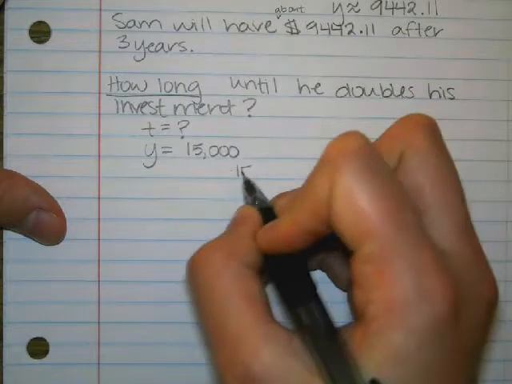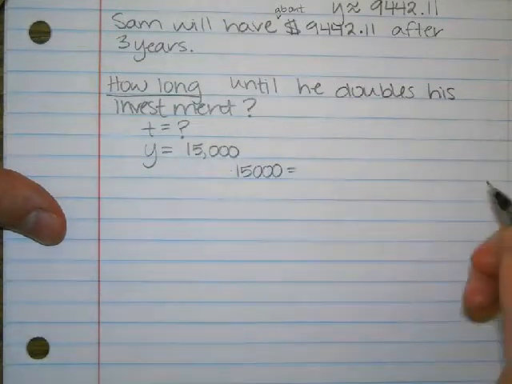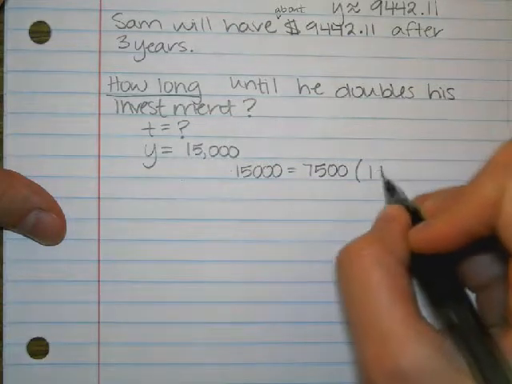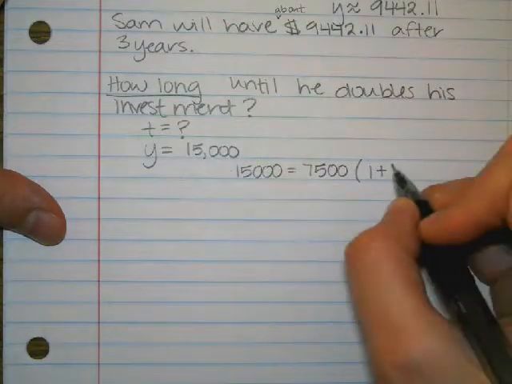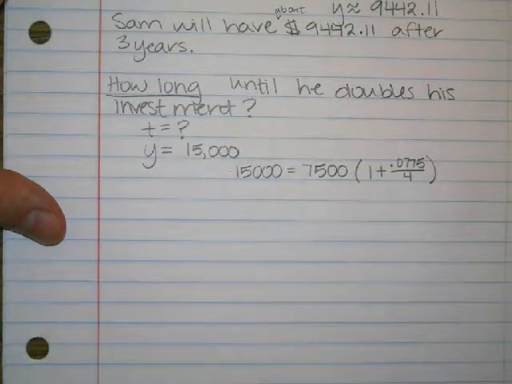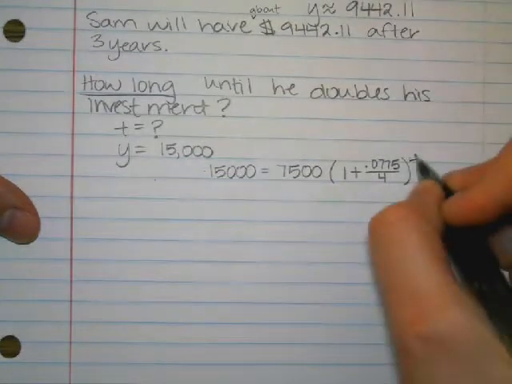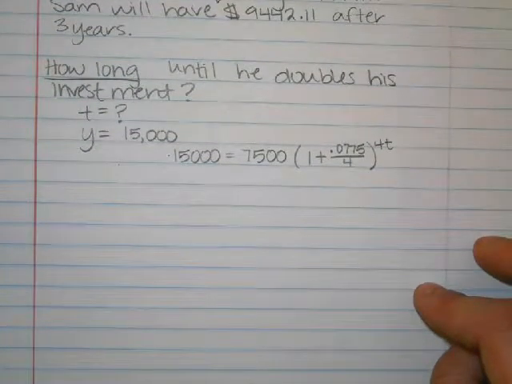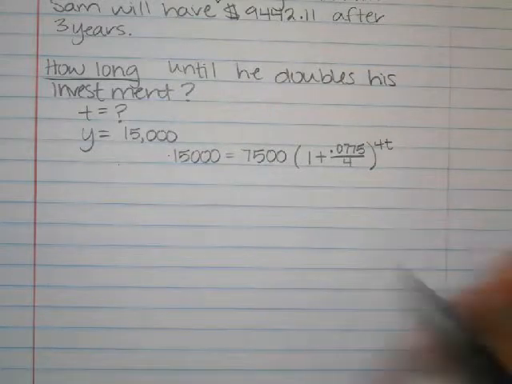We're just going to say 15,000 equals 7,500 times 1 plus 0.0775 over 4 to the 4t. So we're just not plugging in 3 this time. So what's the first thing we could move away from t? Yeah, 7,500.